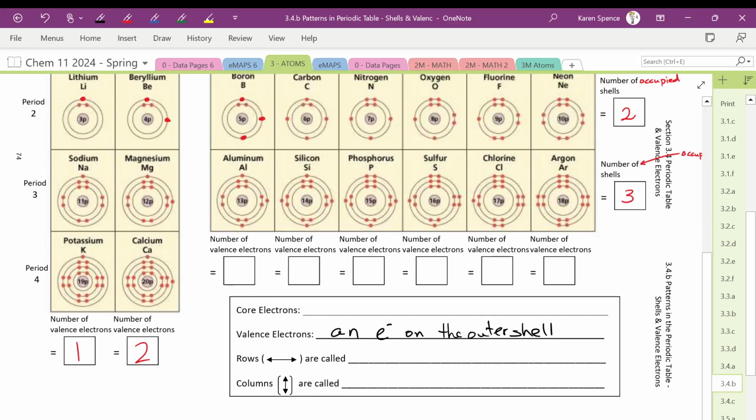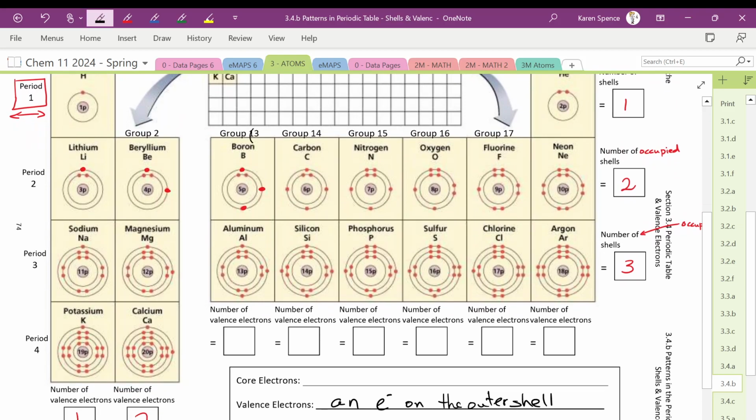How many valence electrons in group 13? 3. 14? 4. You can see 1, 2, 3, 4 on carbon, and 1, 2, 3, 4 on the outer shell of silicon.